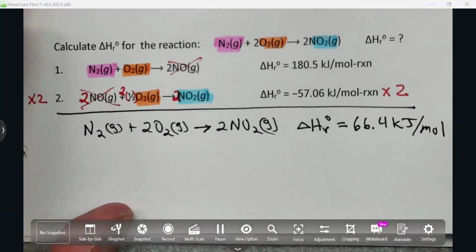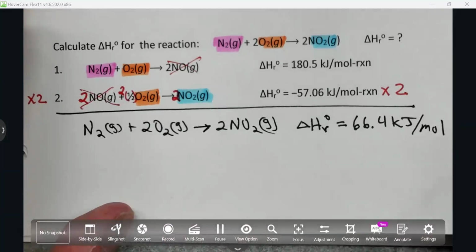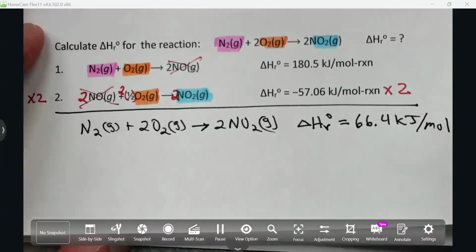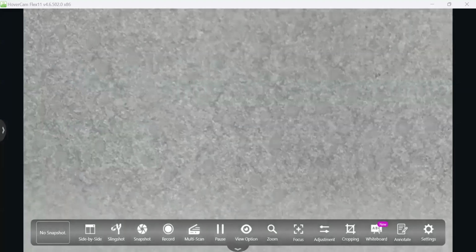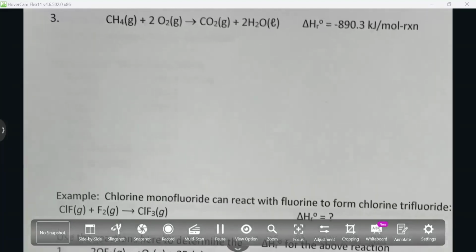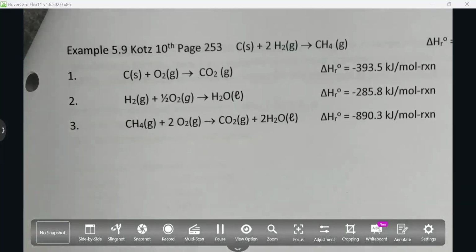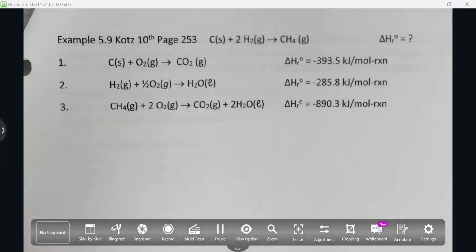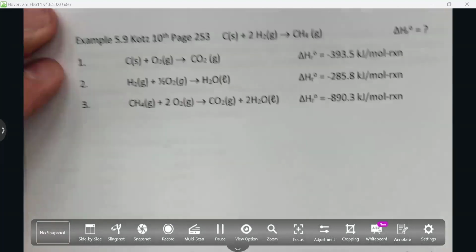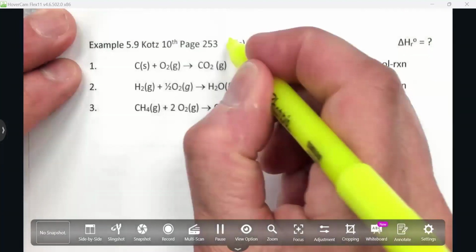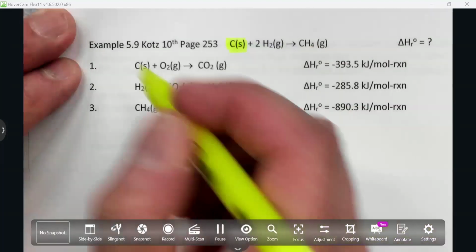Next page. Three equations. So what? 3 equations. Carbon solid.